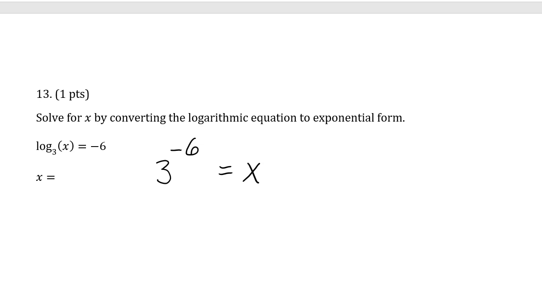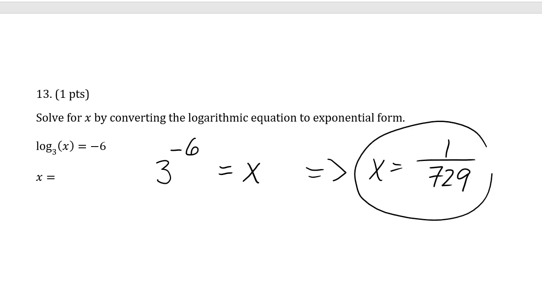That's not one I happen to know. 3 to the negative 6 is going to be a fraction because of the negative. This gives me x equal to 1 divided by 729, and that's my final answer. I prefer that you leave it as a fraction rather than changing it to a decimal.